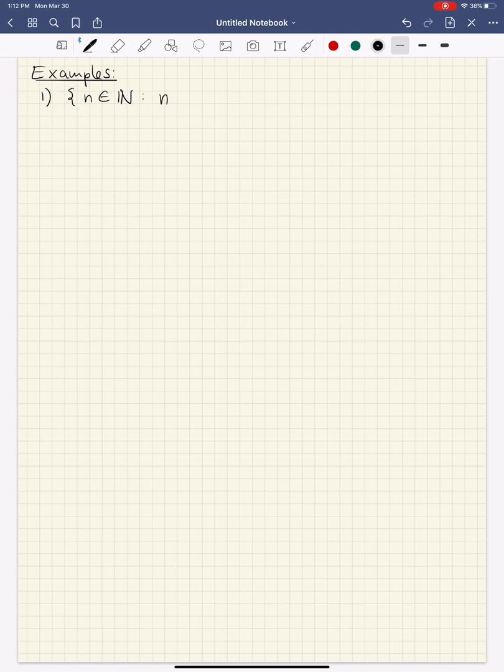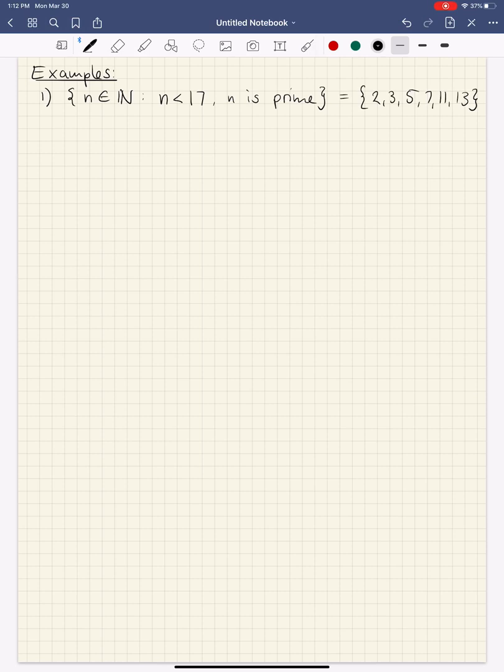The first one is that n is less than 17, and the second is that n is prime. Now I'm going to write the set differently, and I'm just going to put all the prime numbers that are less than 17 here. So this is going to be 2, 3, 5, 7, 11, 13.